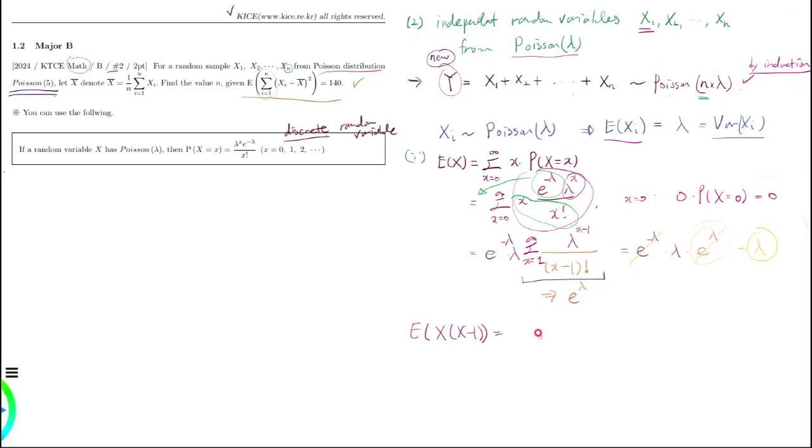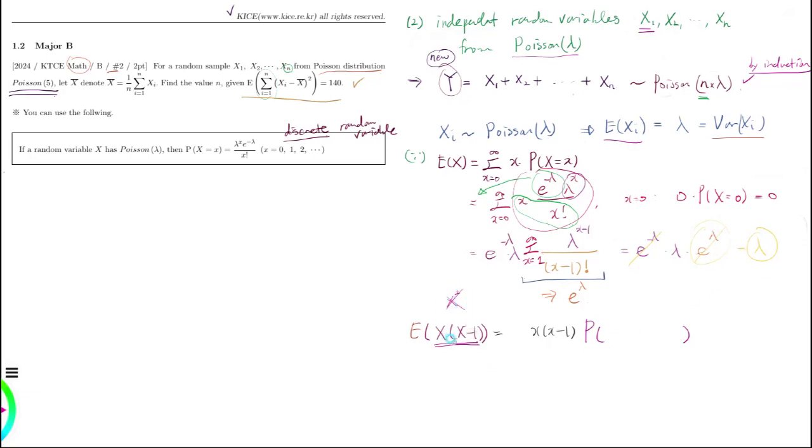You can figure it out after I do the calculation here, why I choose x times x minus 1, not x squared here.